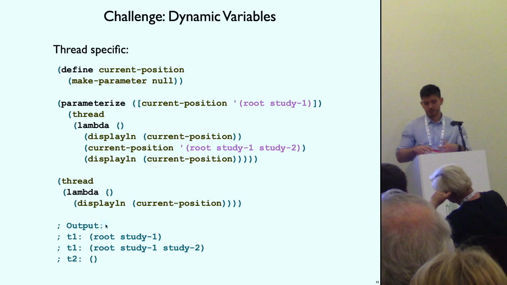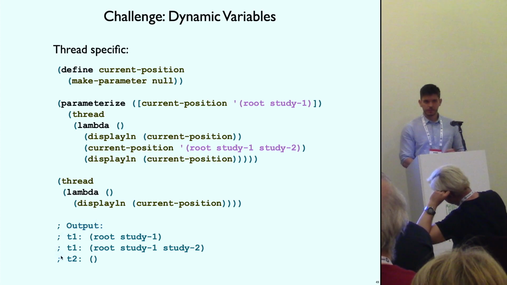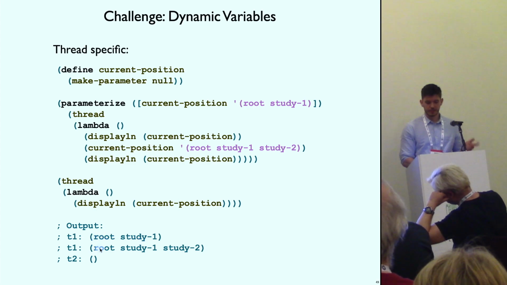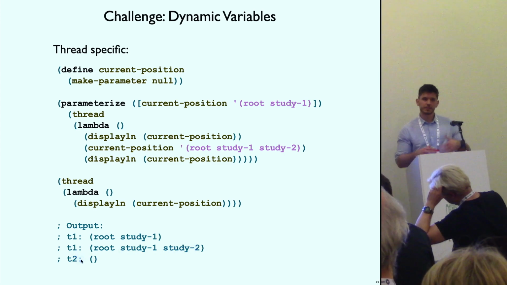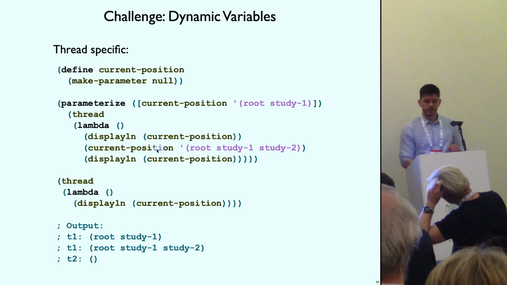And when we run this code, what we get is some ordering of these outputs, where thread 1 always prints list root study-1, followed by list root study-1, study-2, and then the second thread always prints the empty list because it's unaffected by either the parameterization or by the direct assignment that I've done here.